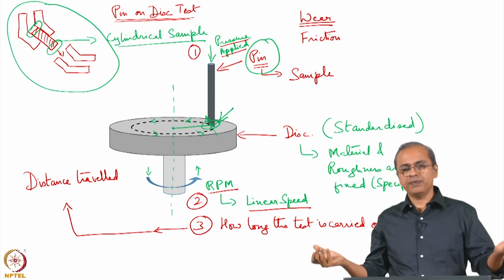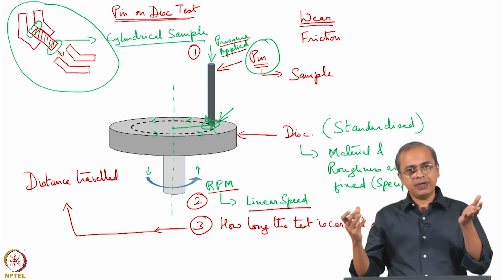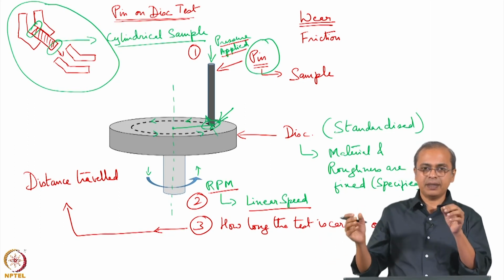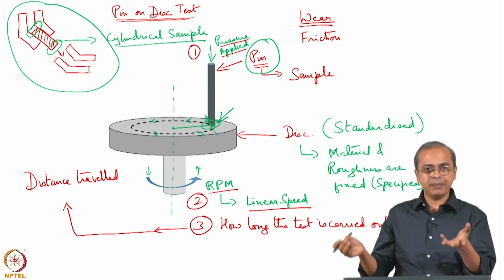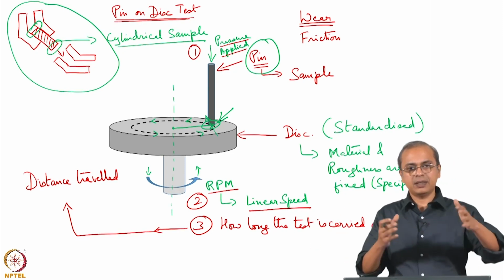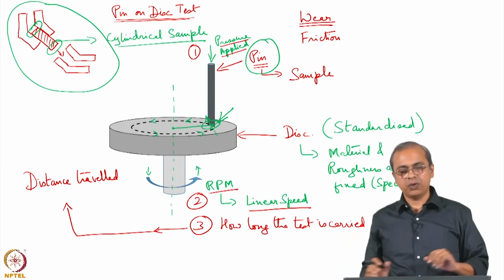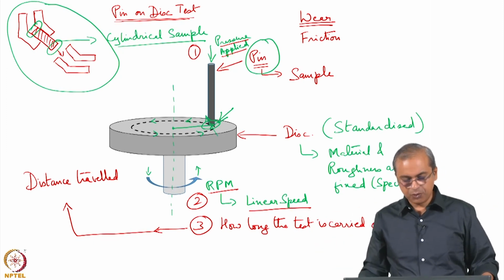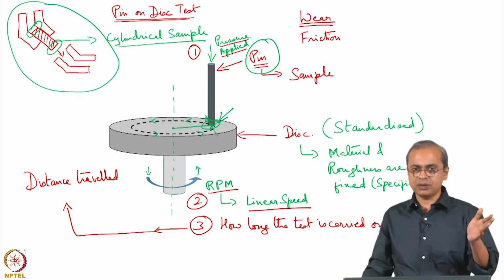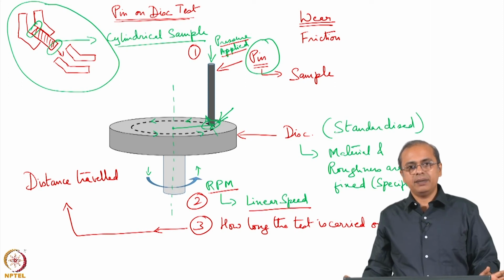So, if it is rotating at 100 rpm, then it has travelled 100 times 2 pi r distance per minute. If you run the test for 10 minutes, you have done 1000 times 2 pi r. So, 2000 pi r is what you have done. If r is, let us say, some distance, you multiply this and you will get the answer. That is the distance the pin has travelled.